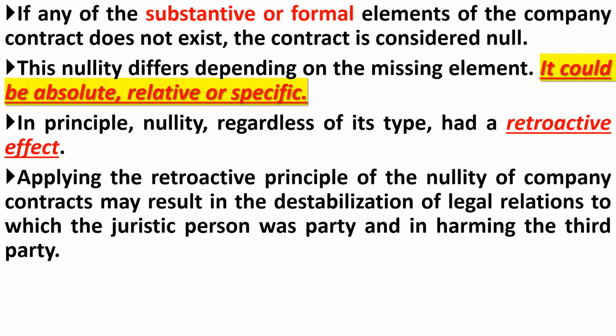Now we are talking about nullity of the company contract. We have talked about the general, specific, and formal elements of any company. If any of the substantive or formal elements of the company doesn't exist, the contract in this case is considered null. Null means no result comes from this contract.